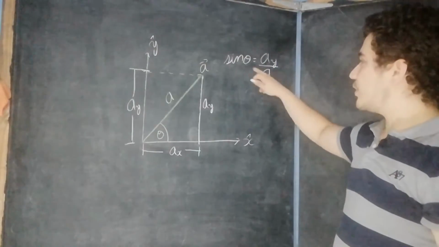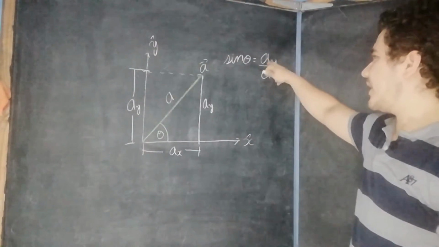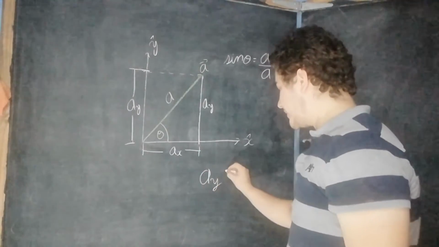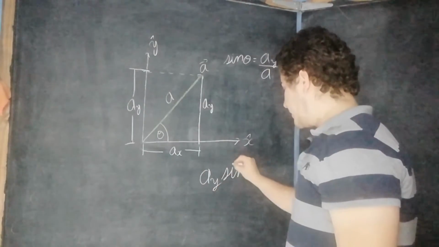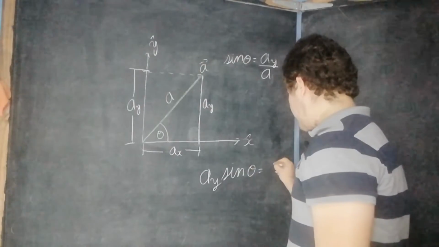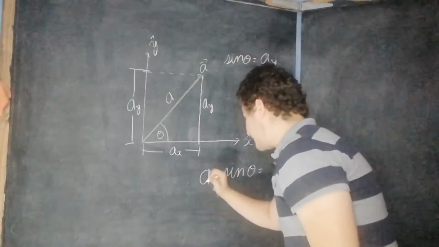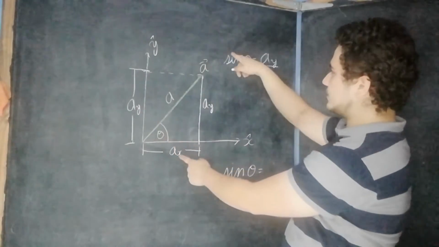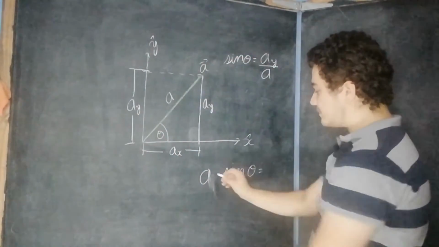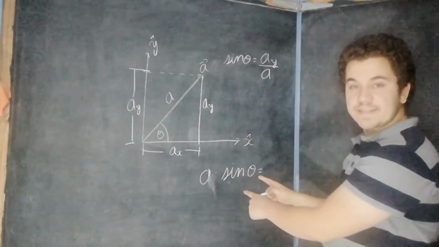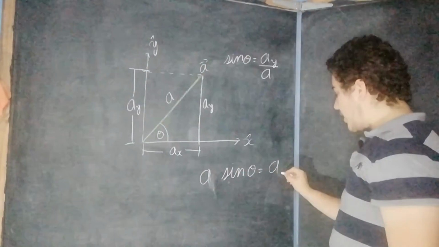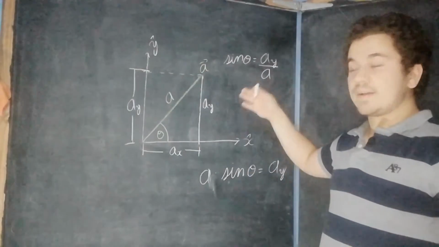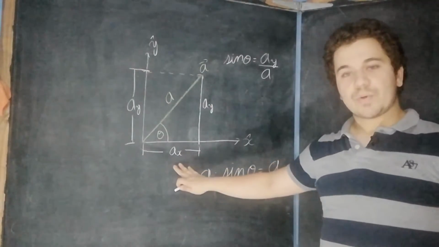From here, we can solve for the component y, and we get that A, the magnitude of the vector, times sine of theta, equals the y component of the vector. We can do the same for the x component of the vector.